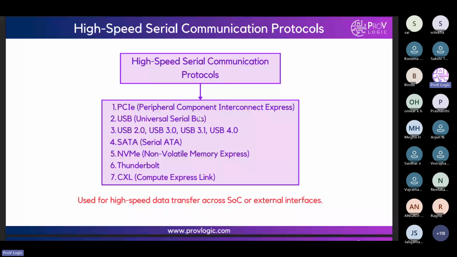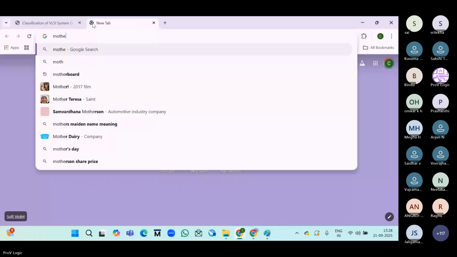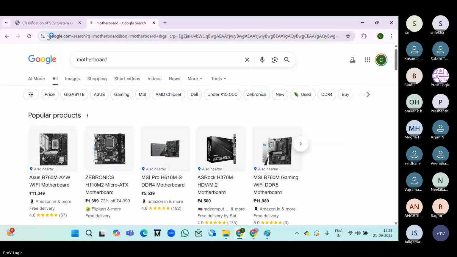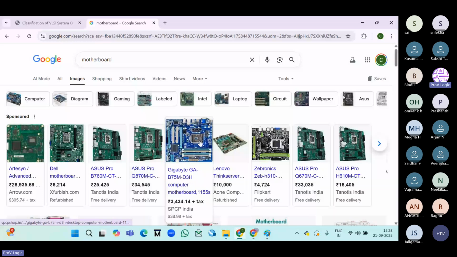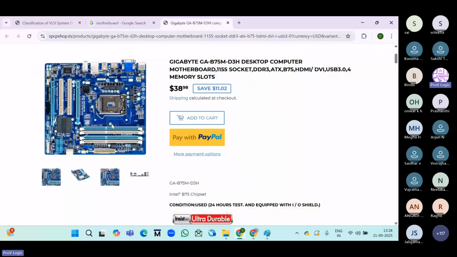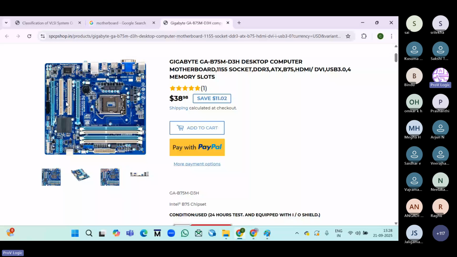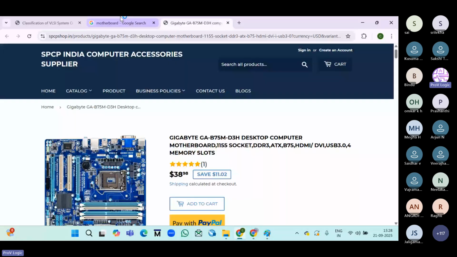Within a fraction of a second it transfers the data in terms of lanes. Yesterday in the motherboard I showed you the PCIe slots, PCIe lanes. This is where the processor and memory ports communicate using these PCIe lanes. Okay, so that is one protocol.